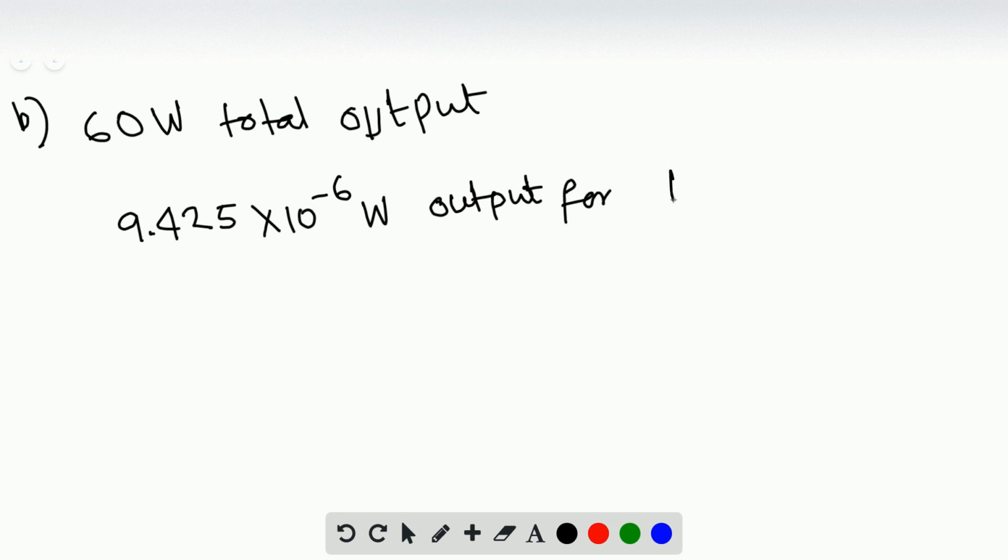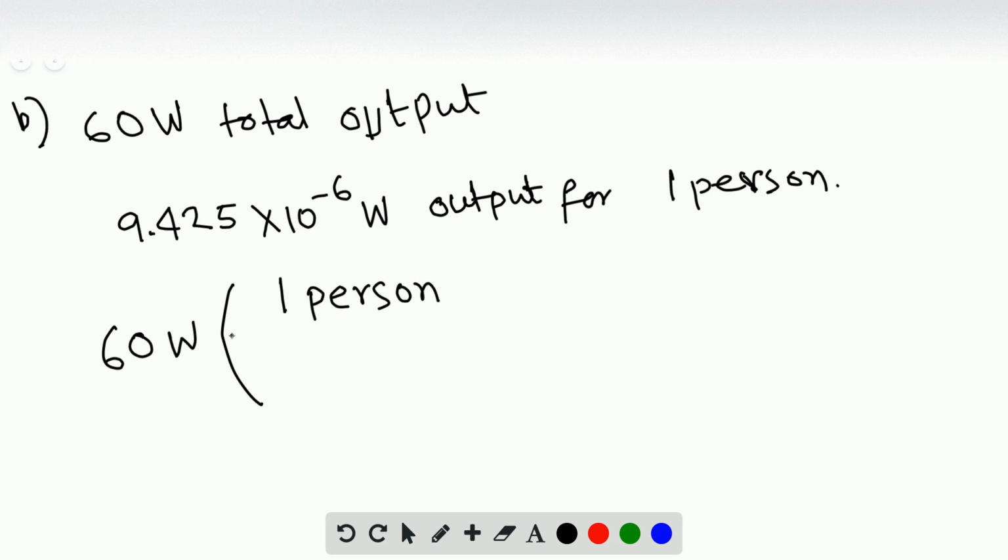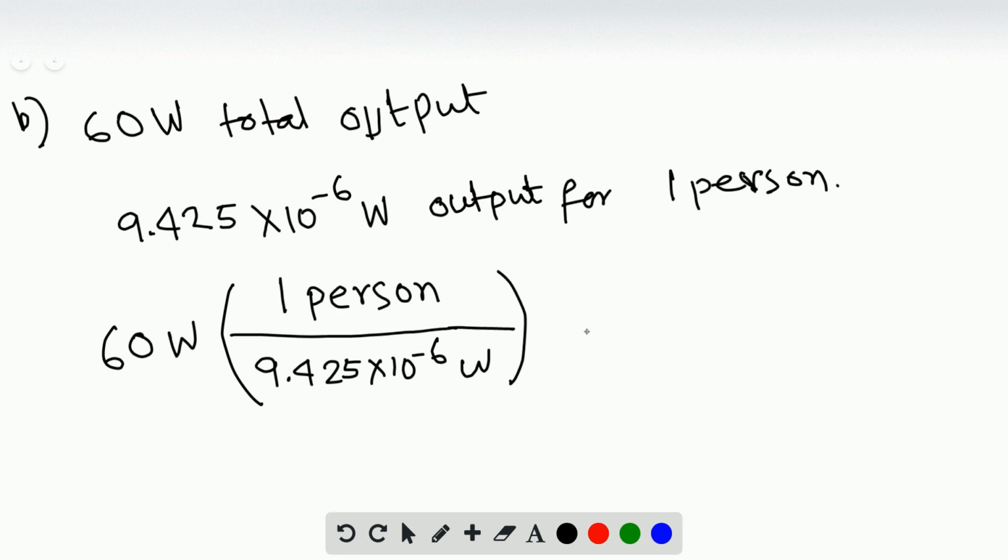So to get 60 watt, we need to use this equation where one person is generating 9.425 times 10 to the power minus 6 watt, and that'll give us the number of persons we need.